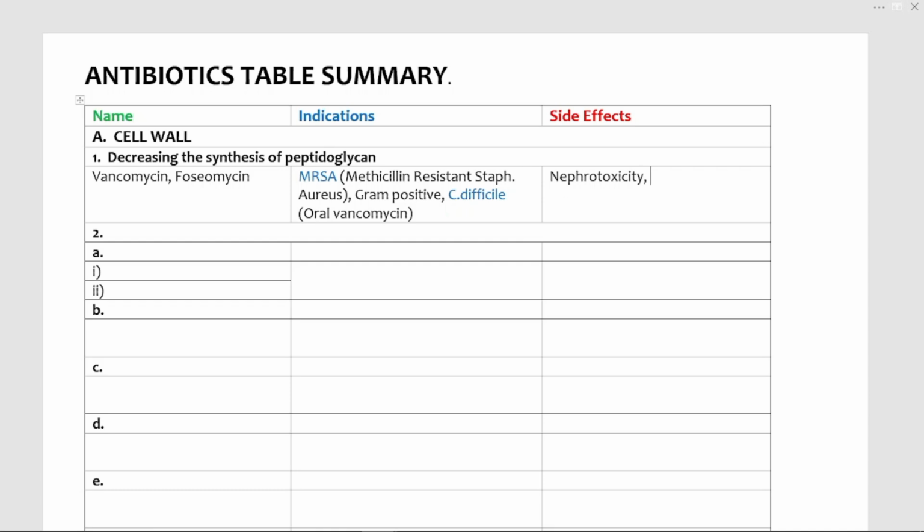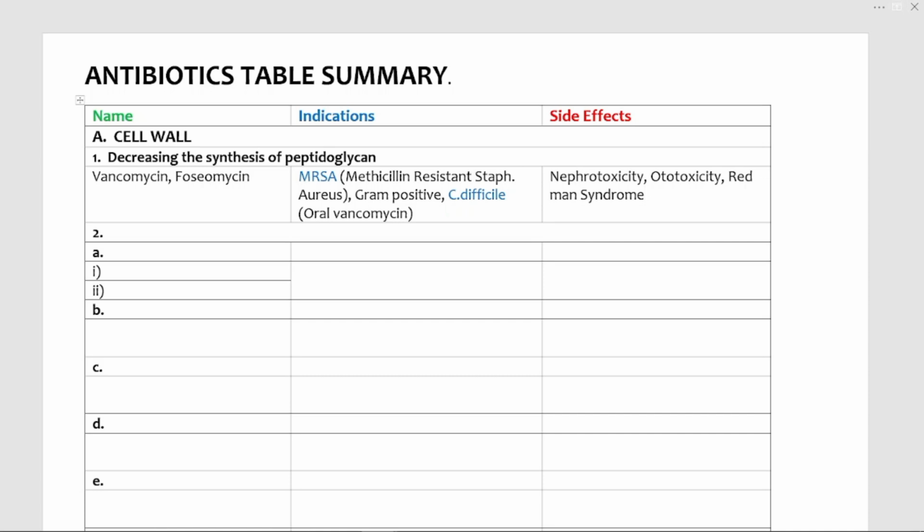Another one is ototoxicity. When the client is using vancomycin, you have to monitor the hearing function because these drugs tend to be ototoxic. And lastly is Redman syndrome. It happens when you give a rapid IV infusion of vancomycin.